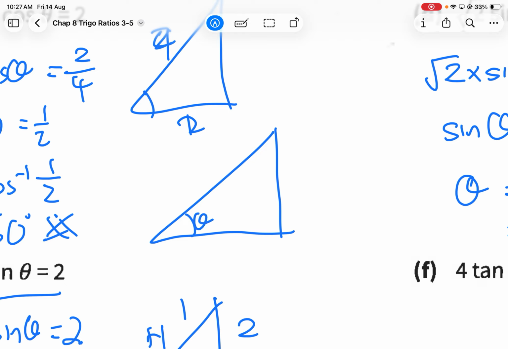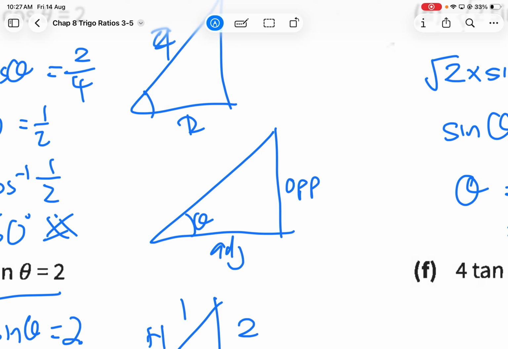Go back to the definition of tangent. Tangent is... Megan, what is tangent? Opposite over adjacent. Okay?